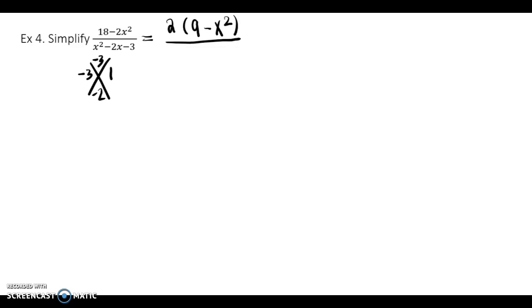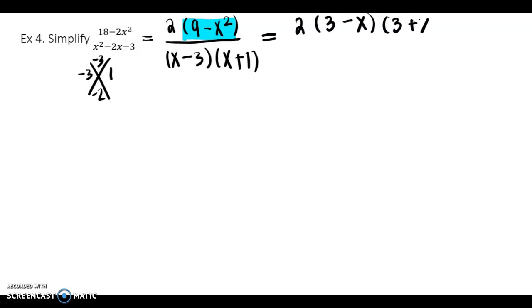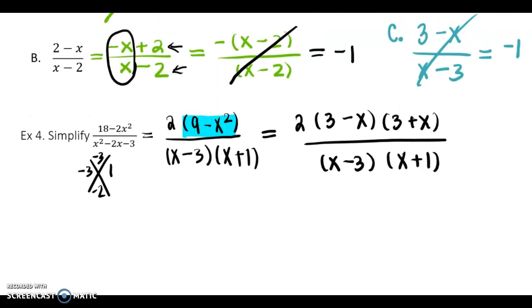That's going to multiply out to negative 3 and add up to negative 2. So that's going to become x minus 3, x plus 1. And then if you notice, this is actually difference of squares. So I could go ahead and rewrite that as 3 minus x, 3 plus x over x minus 3, x plus 1.